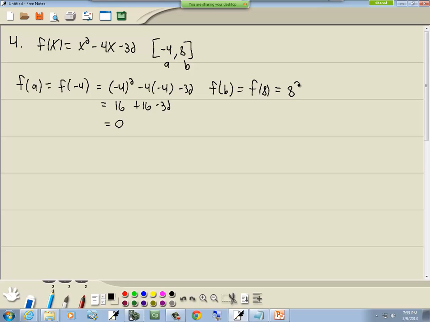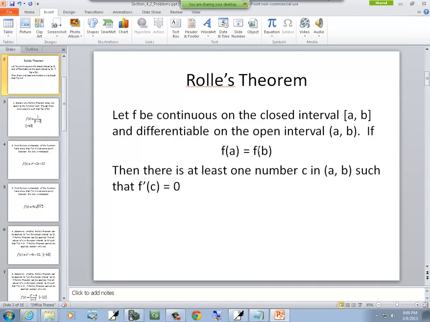So that gives us 8 squared minus 4 times 8 minus 32. 8 squared is 64 minus 4 times 8 is 32 minus 32. And 64 minus 32 is 0. So f of a does indeed equal f of b. So that works. So that's the part to determine whether you can do it or not.